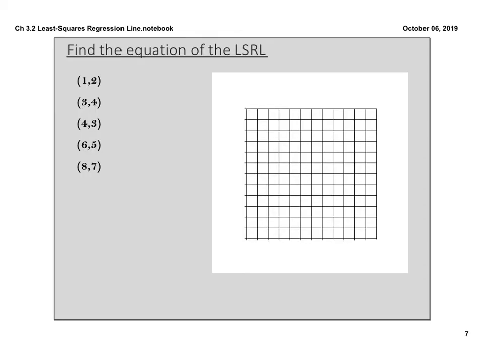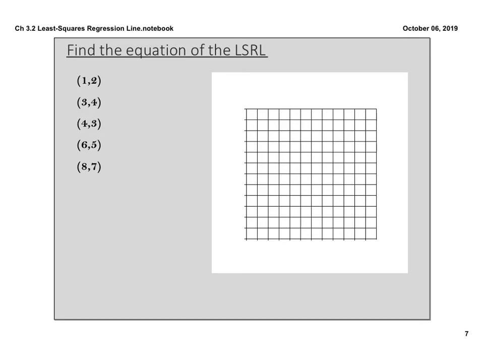All right, so when we calculated the LSRL of the 4 points that we found, let me go up and just enter it again so I can see it on my screen.